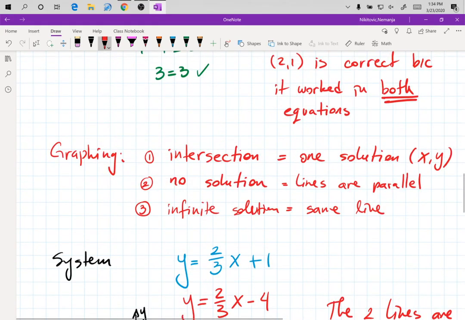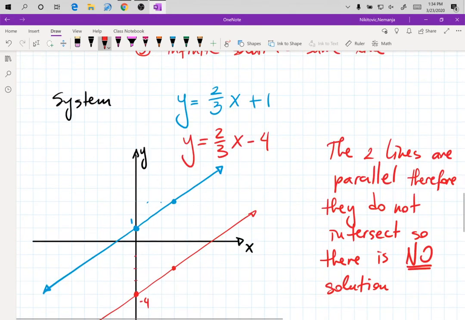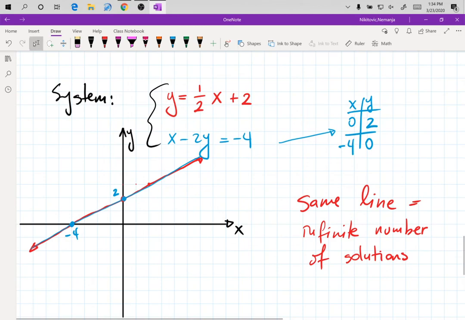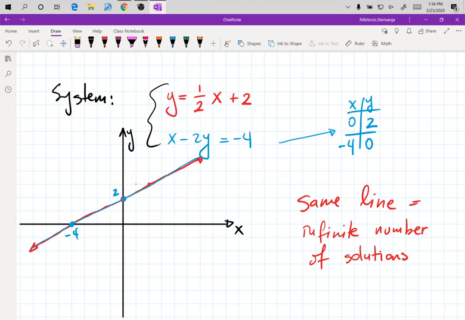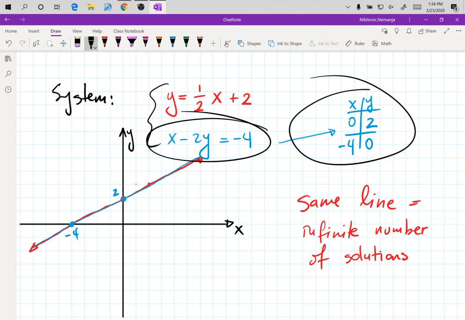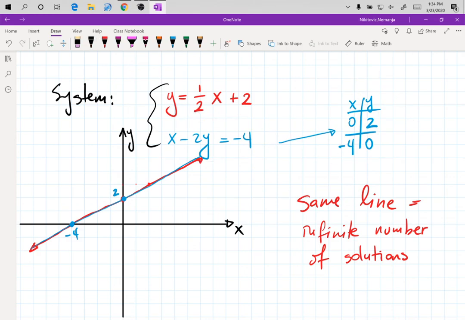You have to be able to graph both types of equations. The one where we have a slope-intercept form, and for the slope-intercept form, we do the counting. So we first graph the y-intercept, and then we count the slope for the second point. And when you have a standard form, you have to do the xy-intercept chart, and then plot those 2 points, and then draw the line through them.